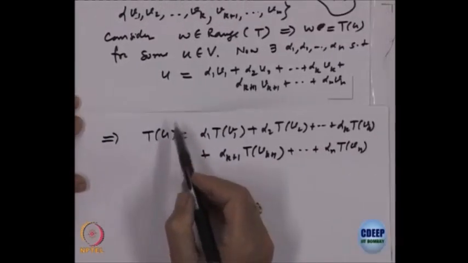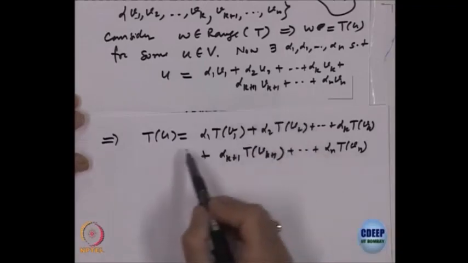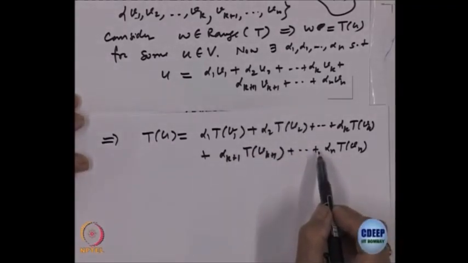Using linearity and using that U is a linear combination, T of U must be a linear combination of the images.